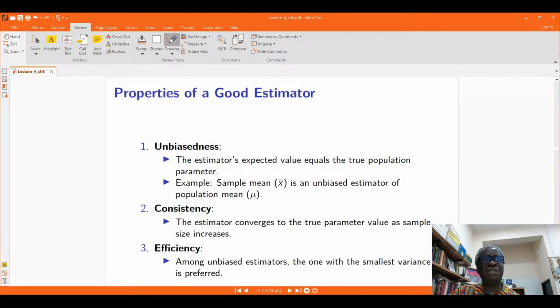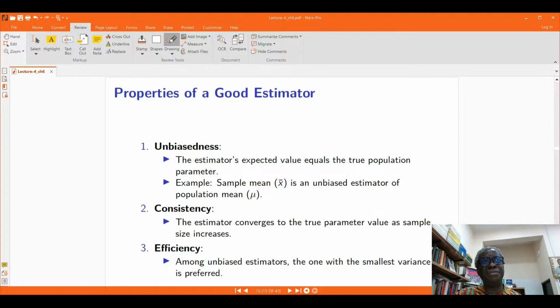There could be several estimators. It may not be the mean alone. You remember when you were doing descriptive statistics, you talked of measures of central tendency.